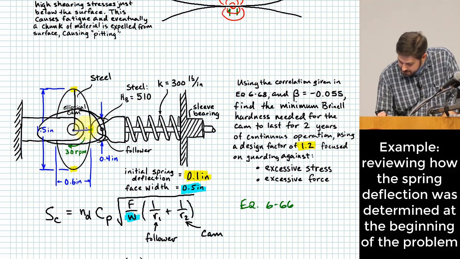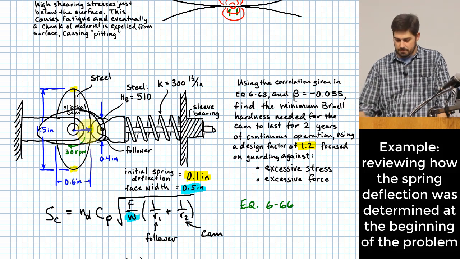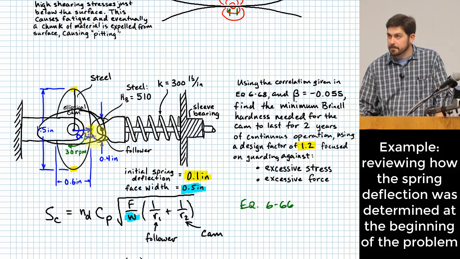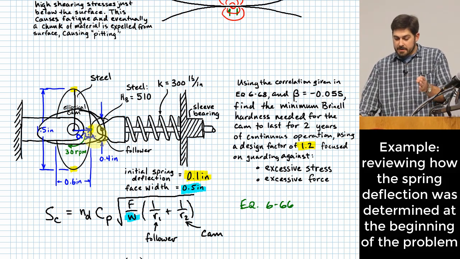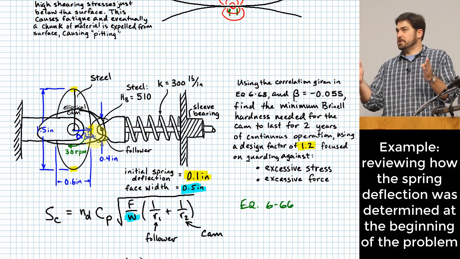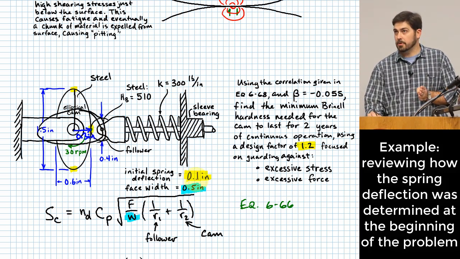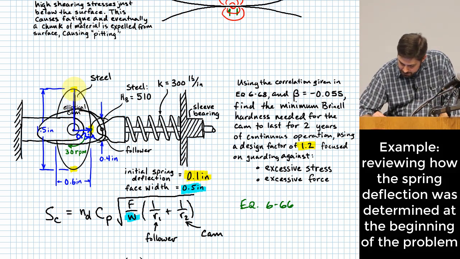It's already spaced at a radius value of 0.3 inches. So this right here is 0.3 inches, and that's not any additional deflection. That's where it's sitting when it has a deflection of 0.1 inch. The radius value up to this point is 0.75 inches.